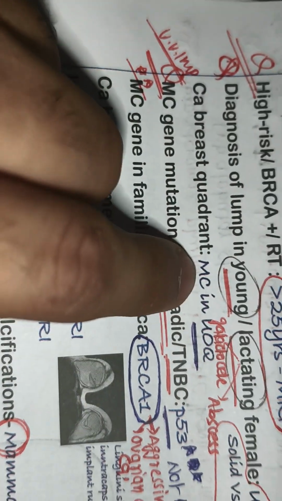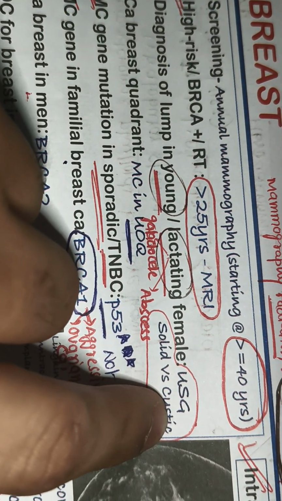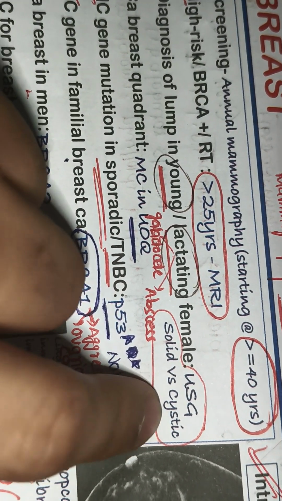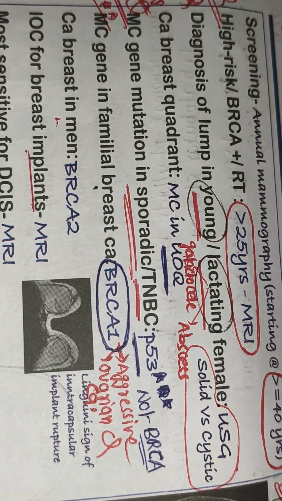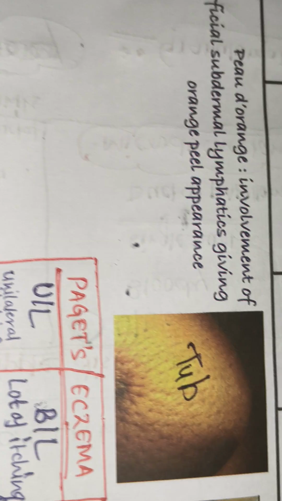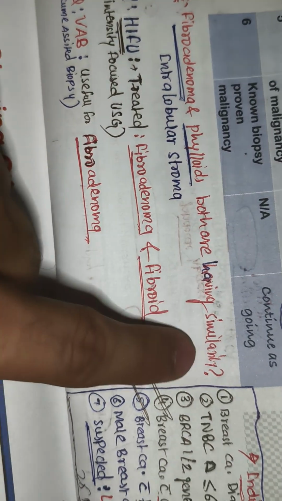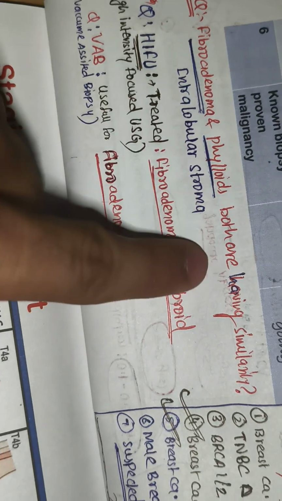So in young females and lactating females, we do ultrasound. Okay, this is very important. In fibroadenoma and phyllodes, both have intralobular stroma.